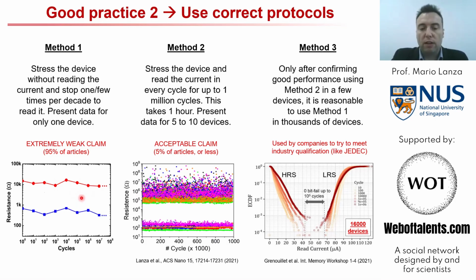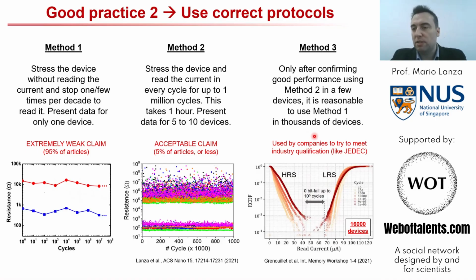But what is the correct mechanism to characterize the endurance of devices? Of course, when we try to do this at an industrial level, we need to measure the resistance in all the cycles for thousands of devices and make statistics. This is more necessary when you try to fulfill qualification processes. However, it will not be reasonable and possible to do this by an academic group in a university.